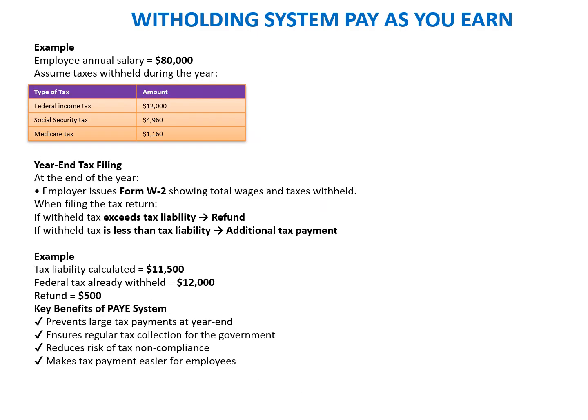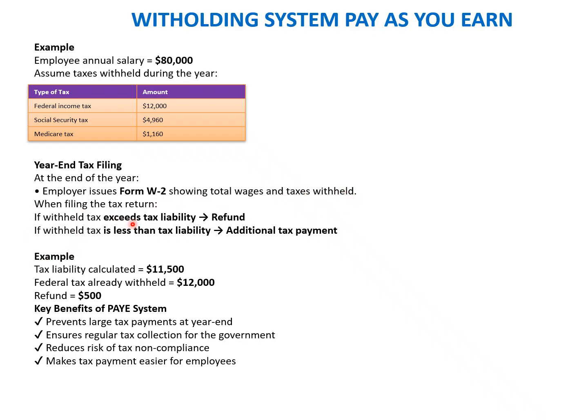Okay. So we have a quick example here to understand the concept of withholding tax. The employee's annual salary is 80,000. Assume the taxes withheld in the year are federal income tax, social security tax, and Medicare tax, which total somewhere around $16,000. At year-end tax filing, the employer issues Form W-2 showing the total wages and taxes withheld.